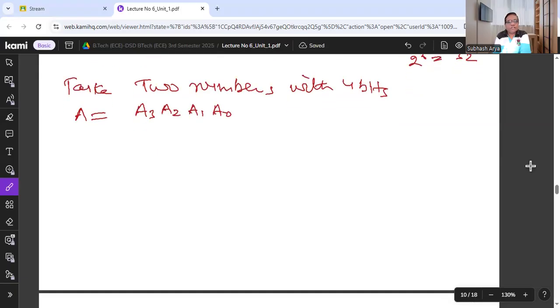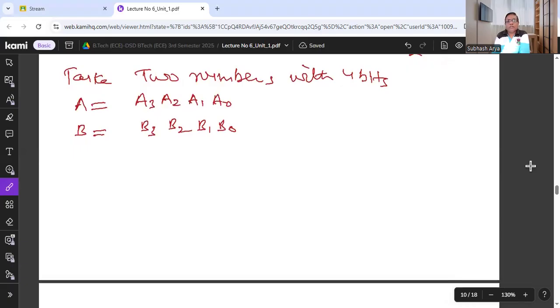This is the first number. Similarly, the second number, which is B, and their most significant to least significant bits are B3, B2, B1, and B0. These are the two numbers. And we can take any numbers also if we wish. Suppose 1, 0, 1, 0, 1, 1, 0, 1, something like that.